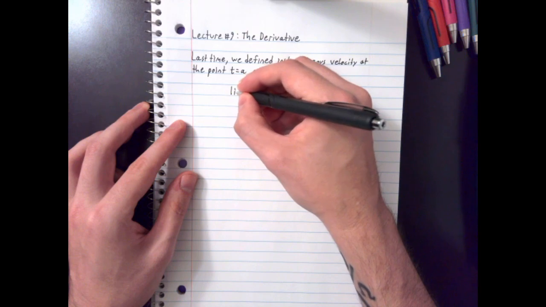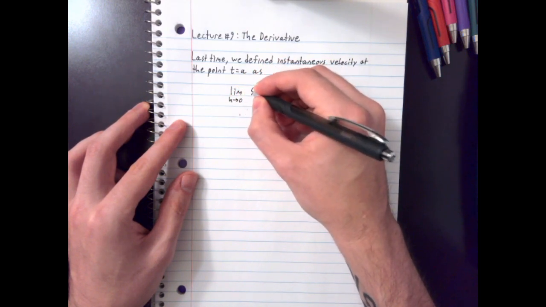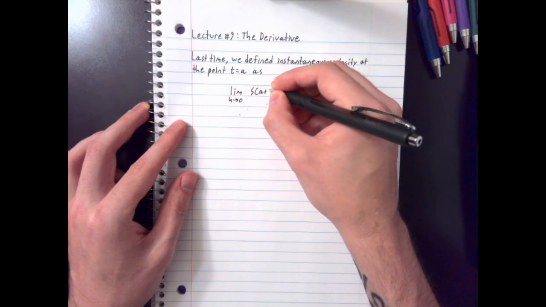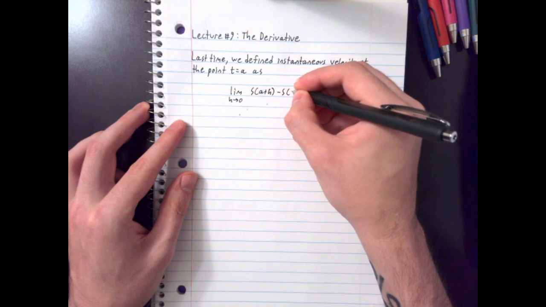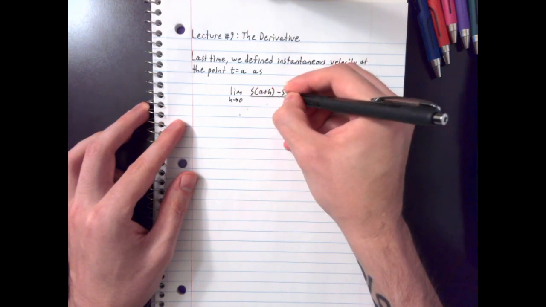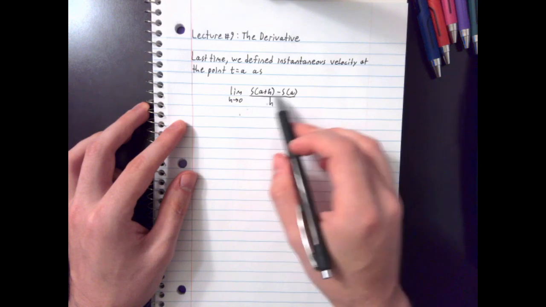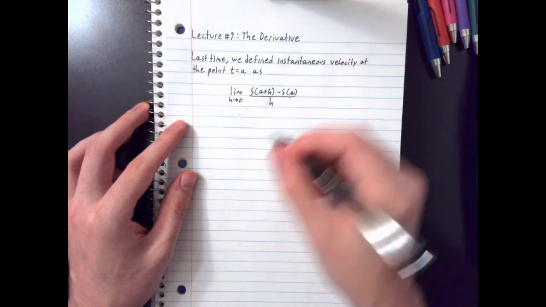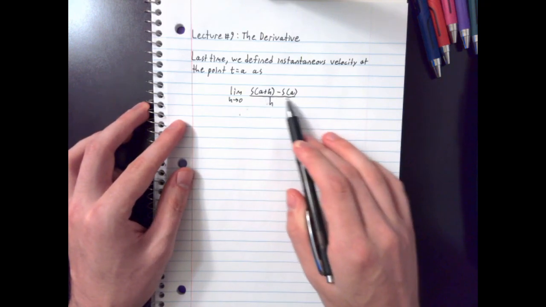It was the limit as h approaches 0 of s of a plus h minus s of a divided by h, where s of a was our position function and h is this width of the time interval around the point a.